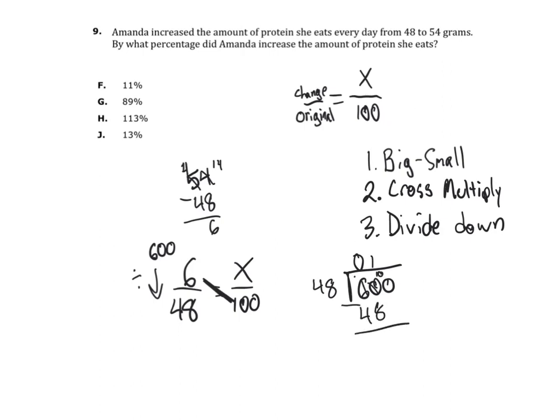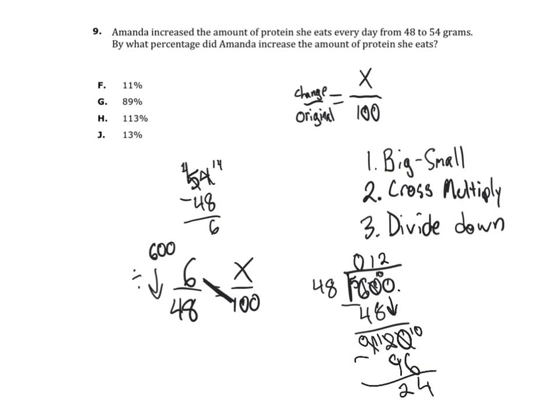This is 10, this is 5. 10 minus 8 is 2, 5 minus 4 is 1. Now we need to bring the 0 down. So 48 goes into 120 twice. That's 96. We'll subtract, so we need to borrow. So we get 10 minus 6 is 4, 11 minus 9 is 2.